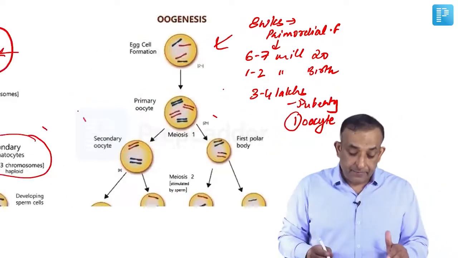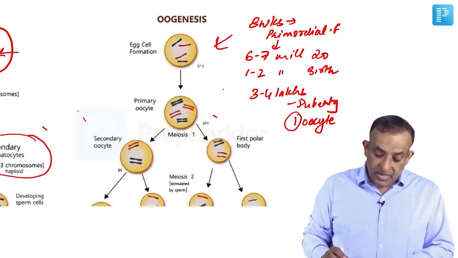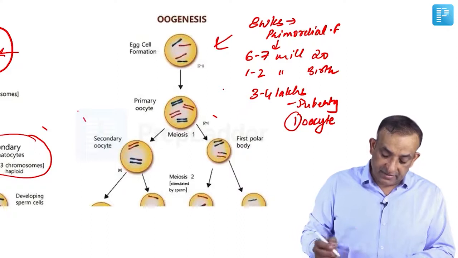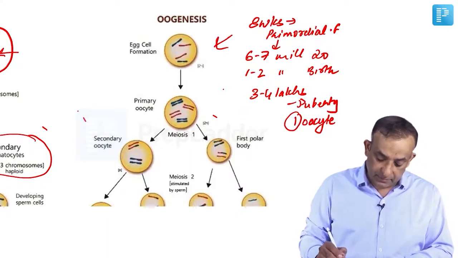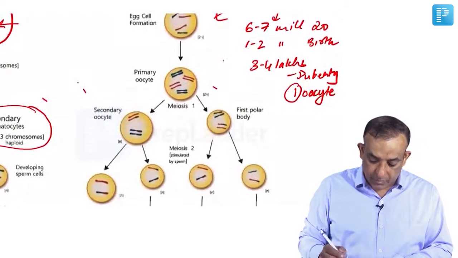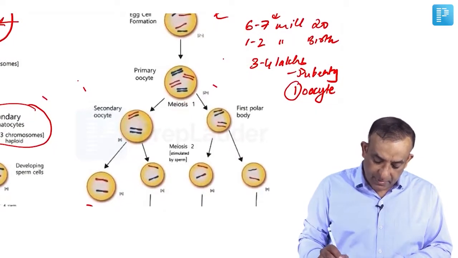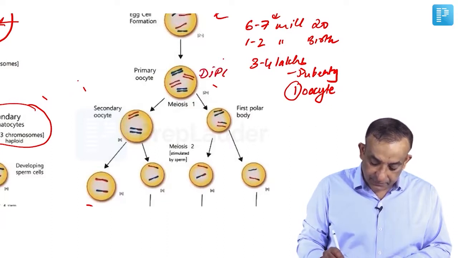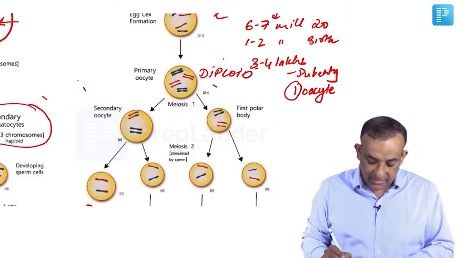Now, let us see what happens in oogenesis. Right from the intrauterine life stage, the oogonia are present, and these will convert into primary oocytes. When they become primary oocytes, they will still be diploid in number, but when they become secondary oocytes, they become haploid in number.